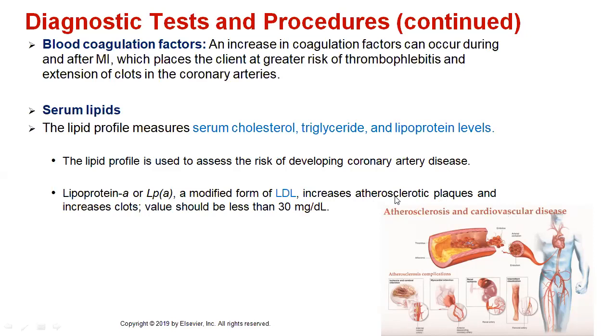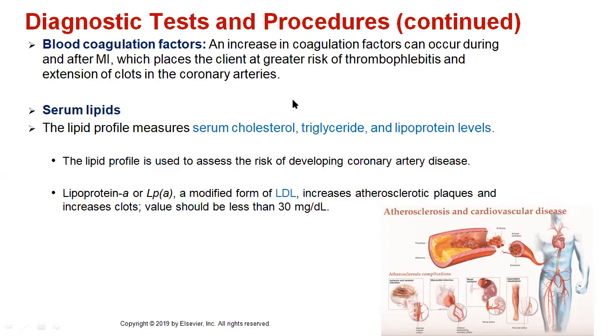They increase the atherosclerotic plaque and increase the clot formation. Low density lipoprotein should be less than 130 milligram per DL, though some books say a different value.